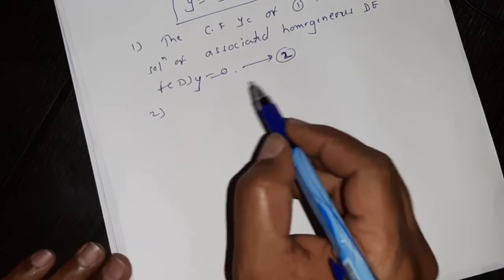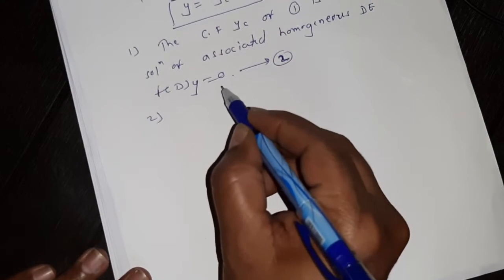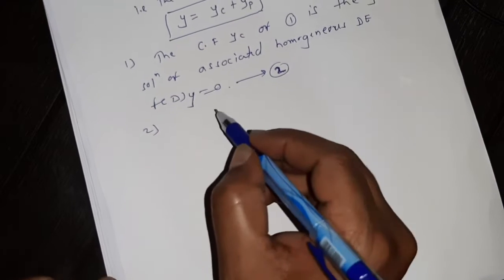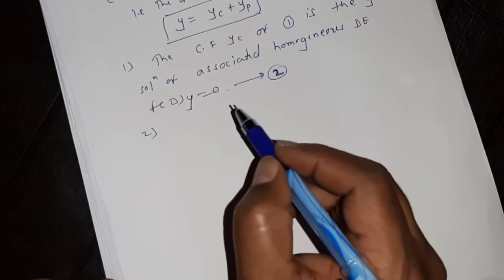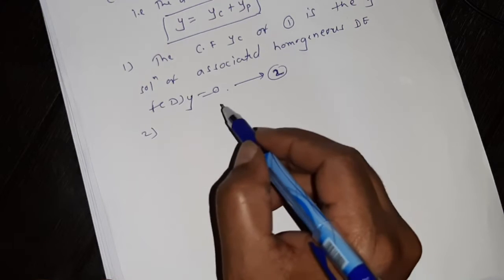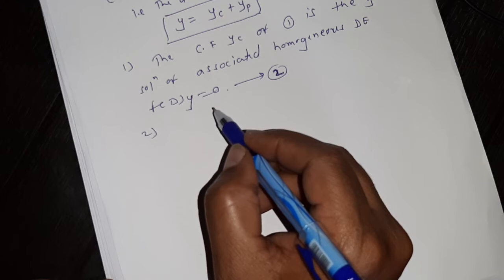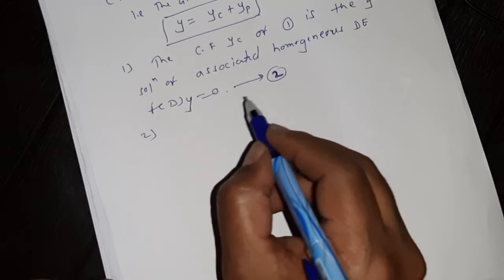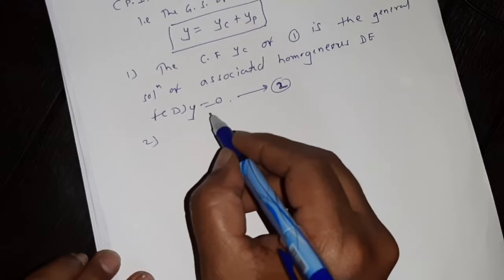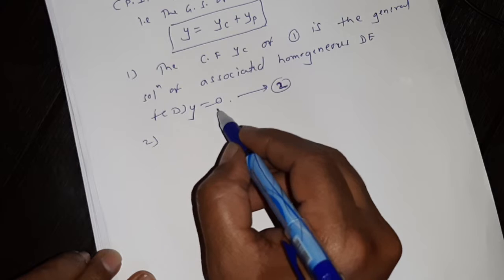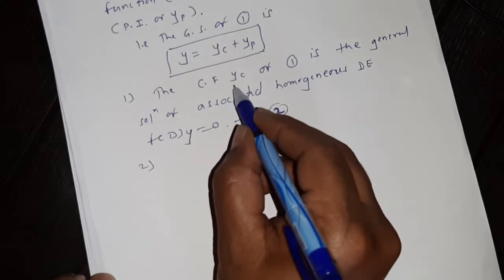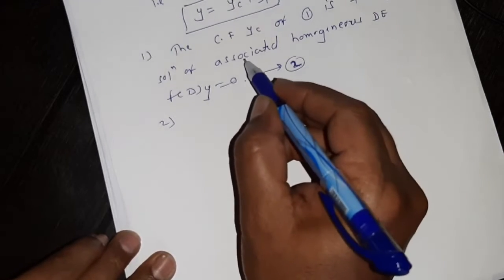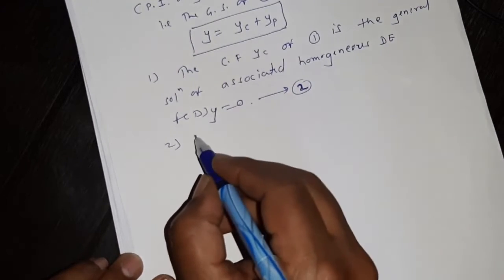There are 4 types, depending on the roots of the auxiliary equation: non-repeated real roots, repeated real roots, non-repeated imaginary roots, and repeated imaginary roots. Just write the general solution of this equation, but denote it by yc, which is the complementary function of equation 1.